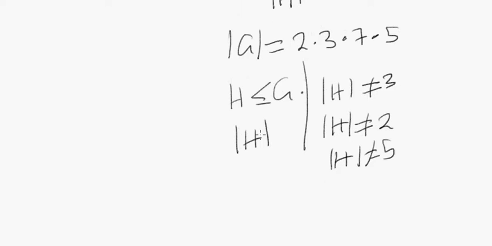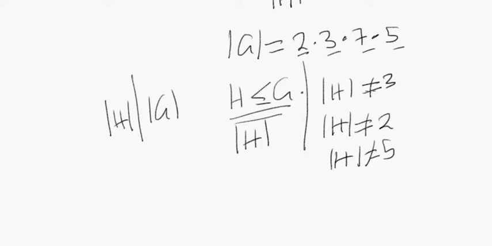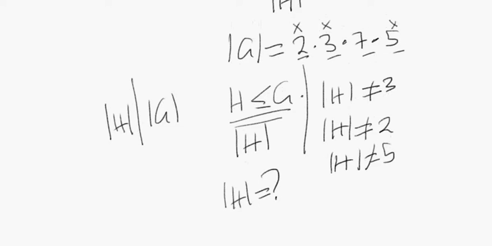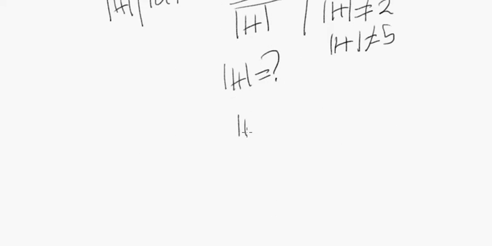The fact that H is a subgroup of G, and that the order of every subgroup must divide the order of the group, and we're supposing the group had order 2 times 3 times 7 times 5, what does that tell us the order of H has to be? Given this information, what use does knowing that the order of H divides the order of G give us?